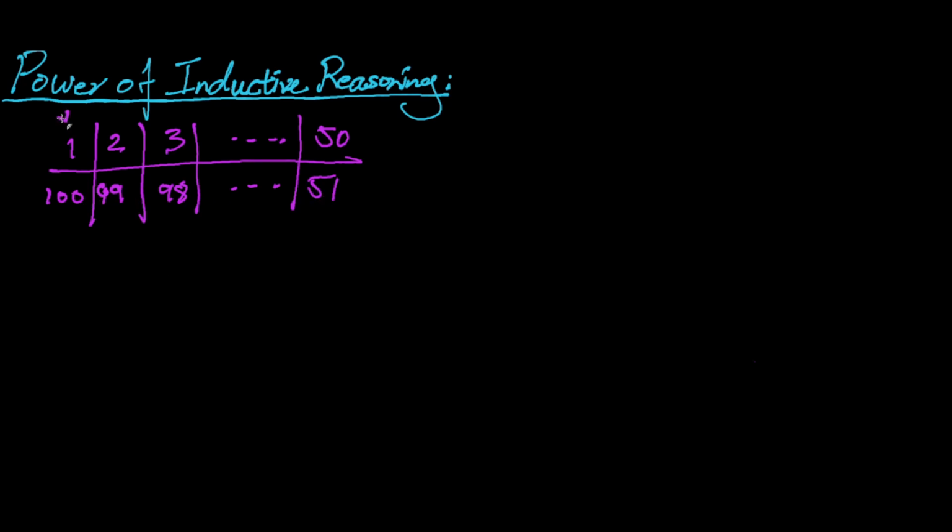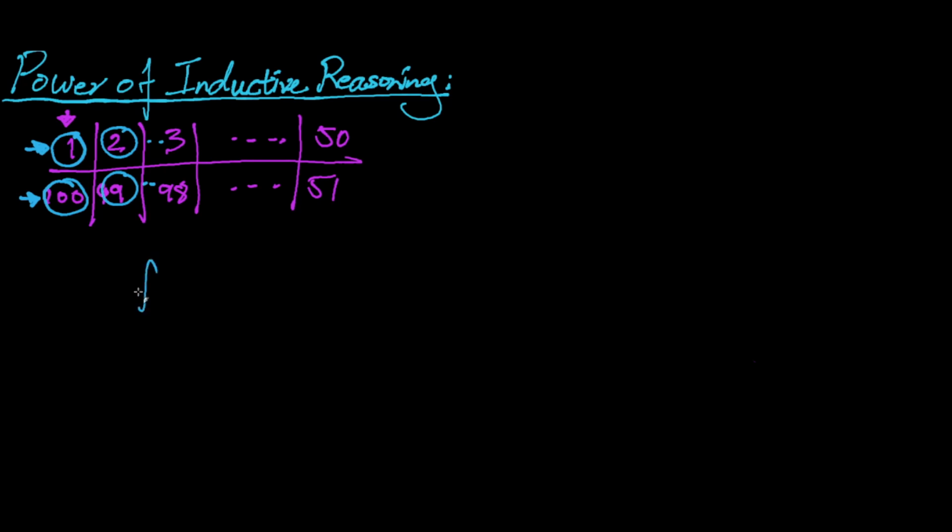So let's write down in general what we're doing. First things first, we are pairing the values so that we're pairing the first value of the series to the last value of the series, the second value to the second to last, and so on from there. So let's write that down.